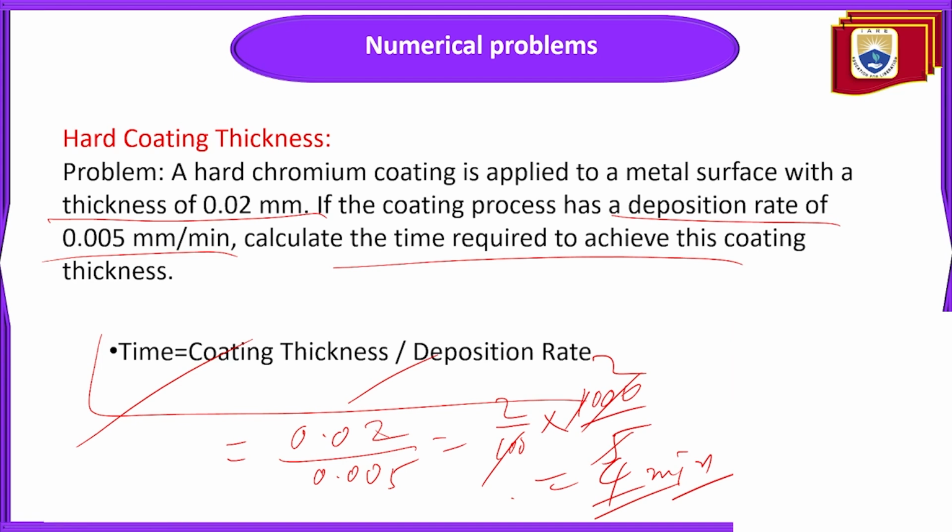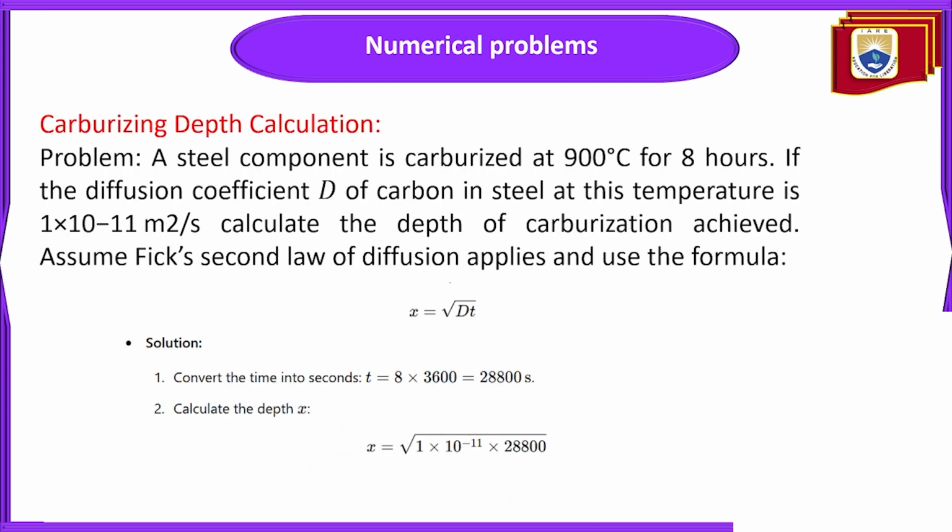Suppose you have to apply a coating with a thickness of 0.02 mm required. The time is 4 minutes. Similarly, carburizing depth calculation. The steel component is carburized, a heat treatment process, at 900 degrees centigrade for 8 hours.